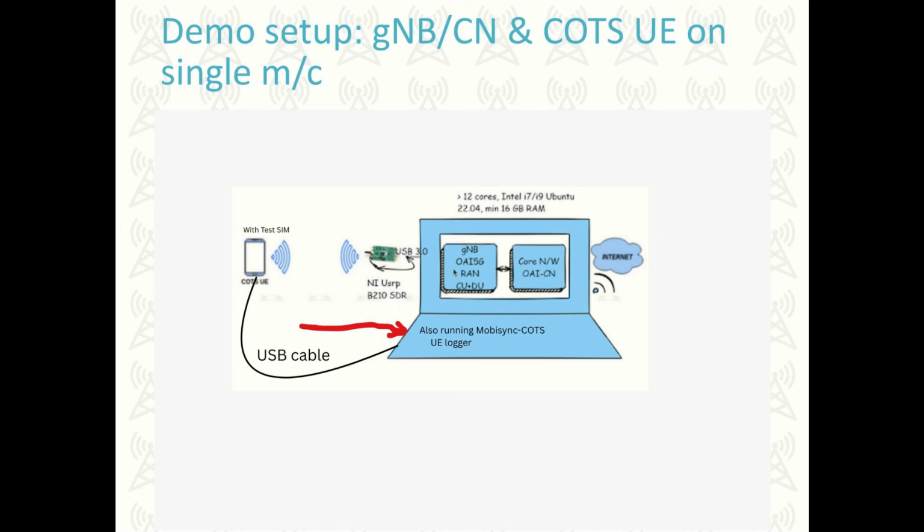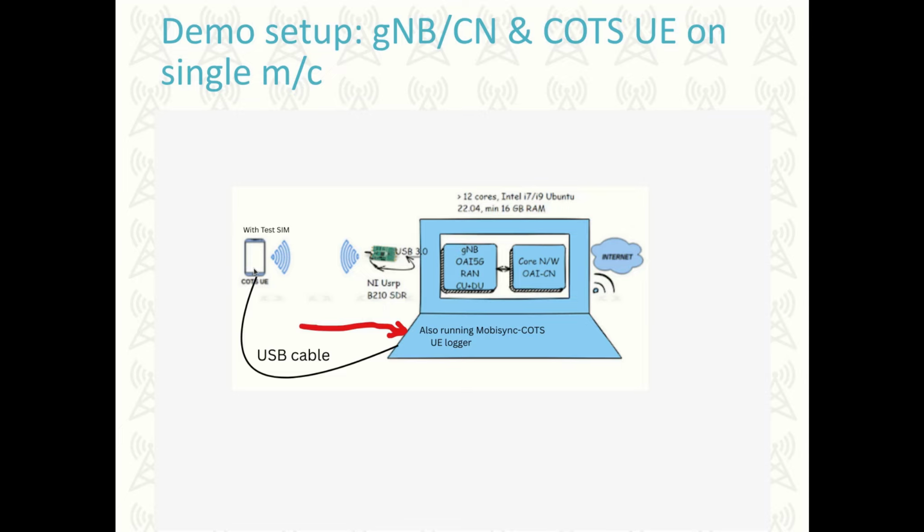So this is the same thing. Core network and RAN is running here, and this is all a monolithic setup. I'm not running any CU-DU split or F1 split. Then this OnePlus mobile is there with a test SIM, and additionally, this is a new thing. You will see that this SDR B210 is connected to the host through a USB 3.0 interface.